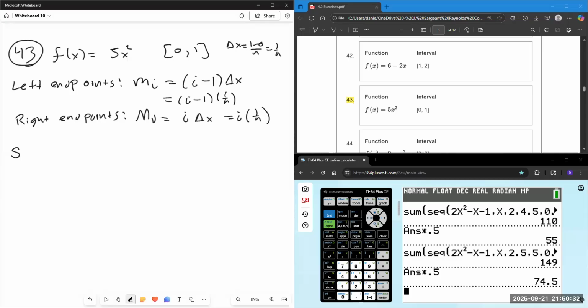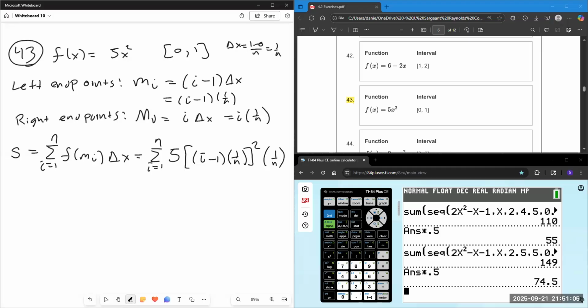Lowercase s is summation from i equals 1 to n of f of lowercase m sub i times delta x, summation from i equals 1 to n of 5, big bracket, i minus 1 times i over n quantity squared, because it's 5x squared, times a delta x of 1 over n.